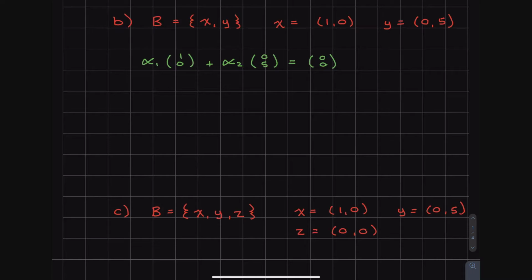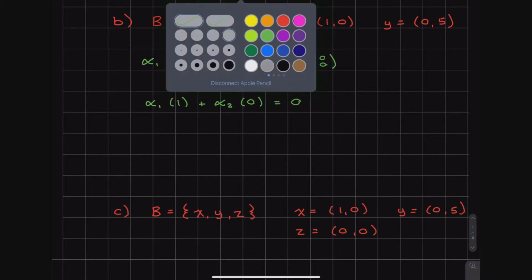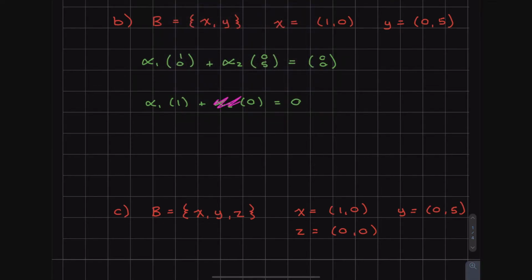To make our lives a little bit easier, we're going to slowly simplify this equation. We have alpha 1 times 1 plus alpha 2 times 0 is equal to 0. This is equation 1. Since alpha 2 is multiplied by 0, this goes away, and we get alpha 1 is equal to 0.